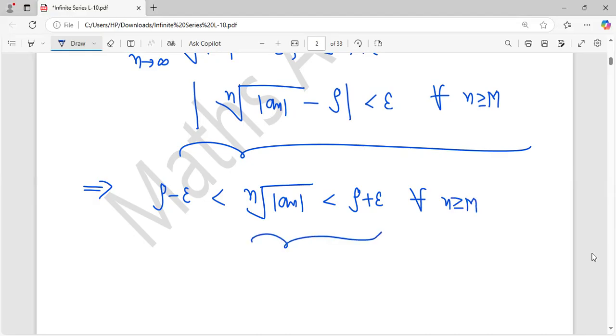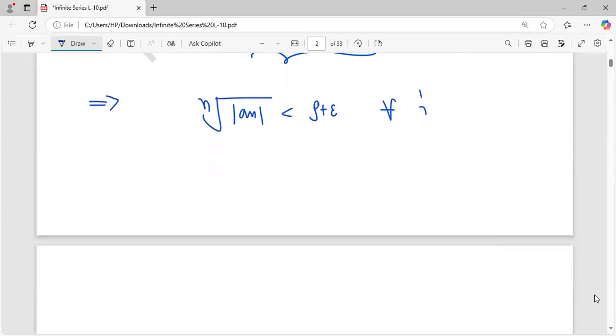Now taking this much part, this implies, solve it, we will get this one.